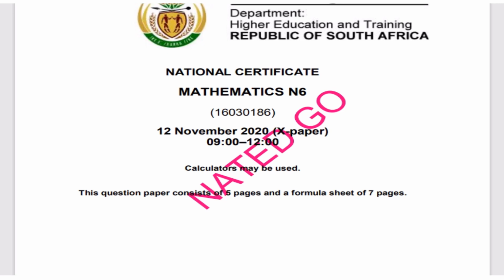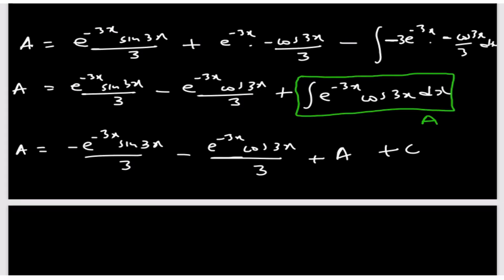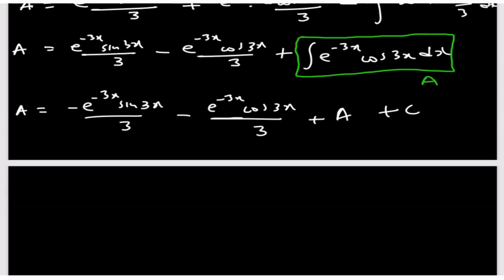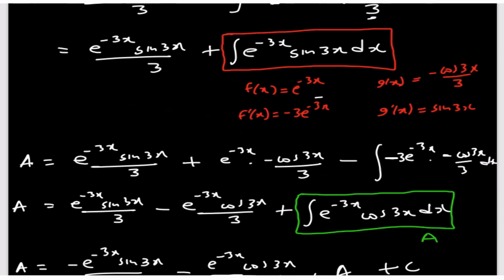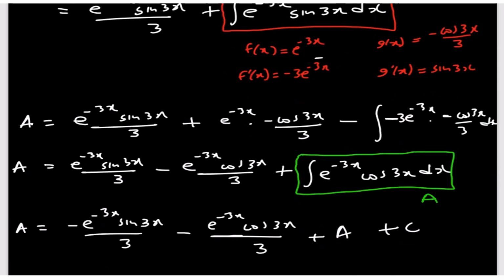Okay, the first step, I'm checking the memo here. The first step, we got e minus 3x sine 3x over 3 plus e minus 3x sine 3x. Yeah, that's what we integrated. Then we got minus 1 over 3 cos 3x minus.